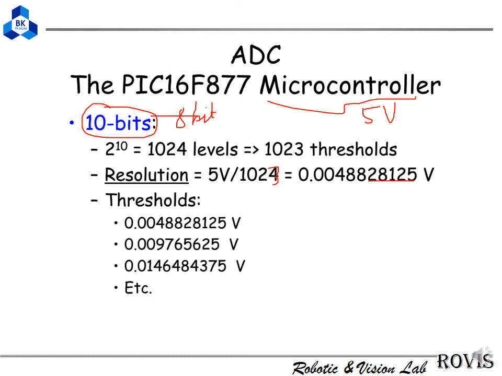That means that if the voltage changes by just 4.8 millivolts, the PIC will know. So 4.8 millivolts is a very small voltage.